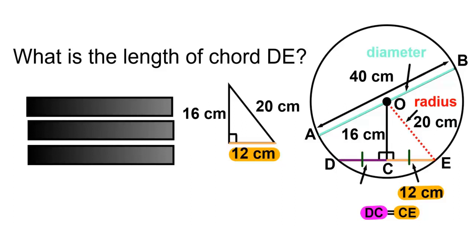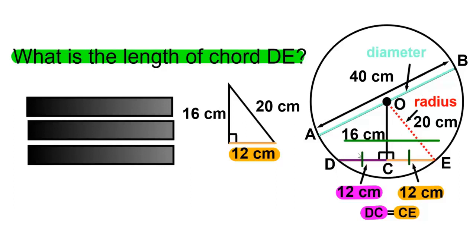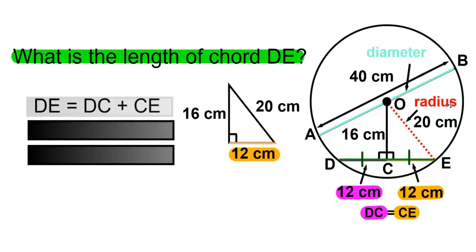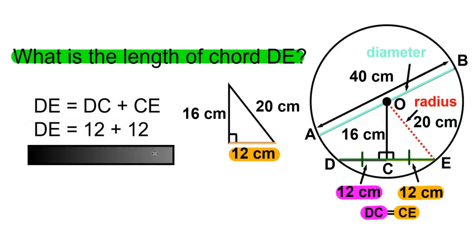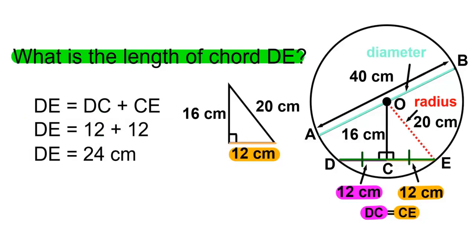So DC will also be 12 centimeters. And the original question we're trying to find out is what is the length of chord DE? And DE would be all the way across. So DE is going to be equal to DC plus CE. DE will be equal to 12 plus 12. And so chord DE will be 24 centimeters.